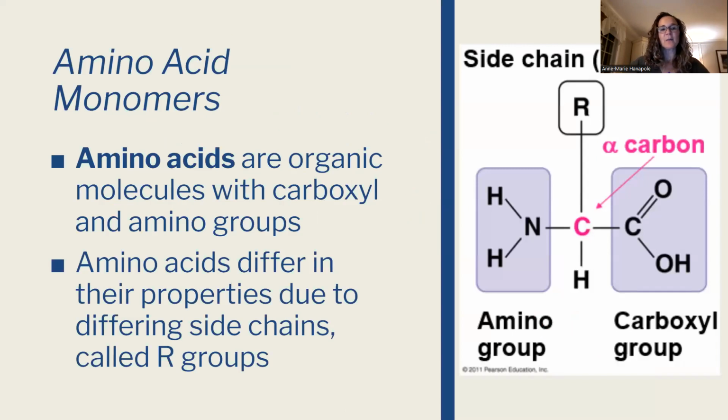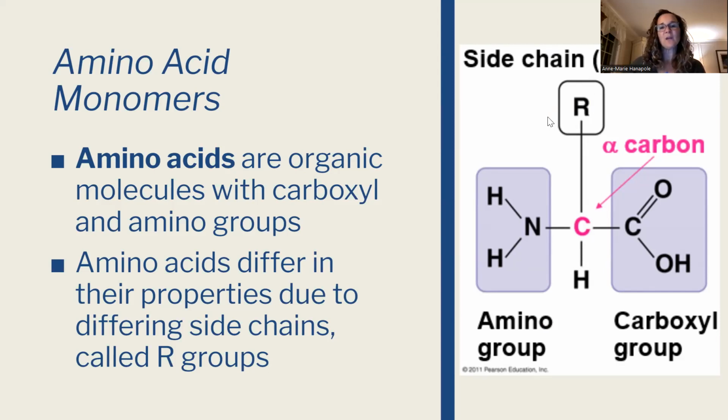So if we look at the monomer for proteins, we are looking at amino acids. All amino acids have a basic shape, and we can look at that basic shape over here. We've got an amino group attached onto a central carbon, and then we've got a carboxyl group also attached onto that central carbon. And then attached onto that central carbon, we've got a hydrogen down here, and an R group up here.